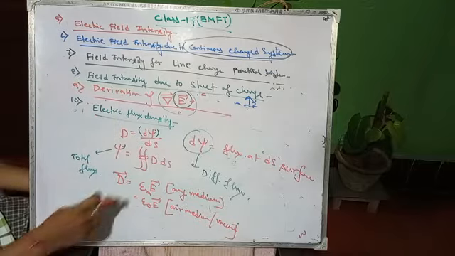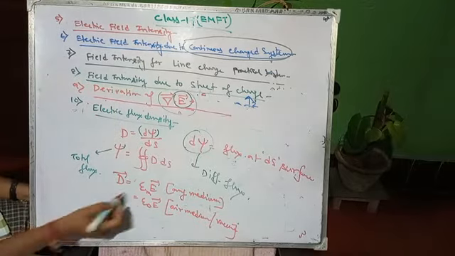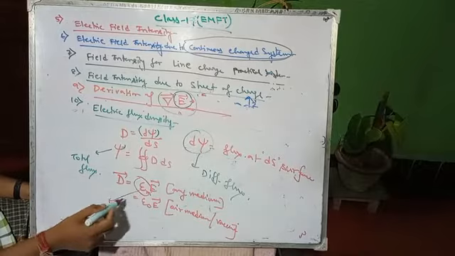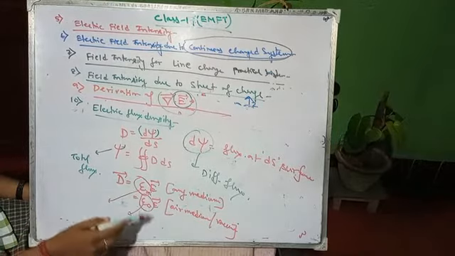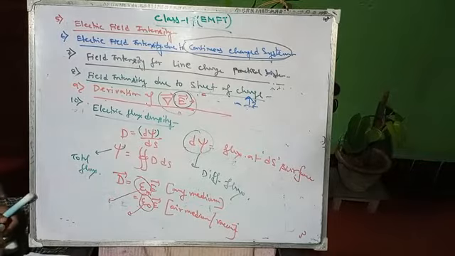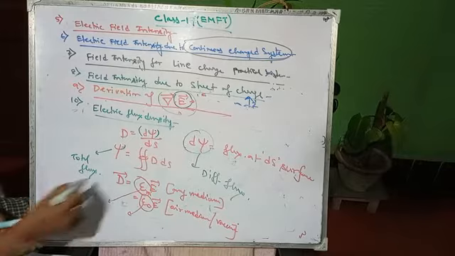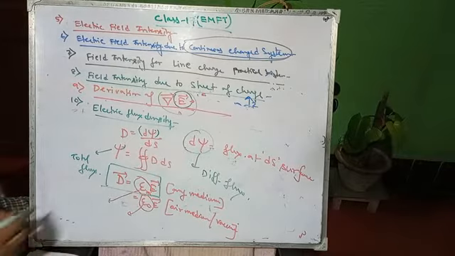Here epsilon m means the permittivity of any medium, and epsilon naught means the absolute permittivity of air. So this D vector is related to E by D equals epsilon naught into E or epsilon m into E.